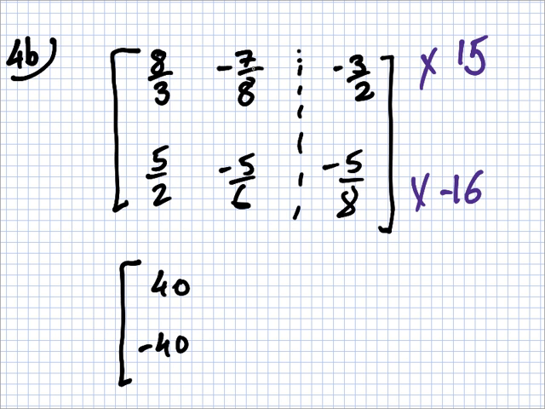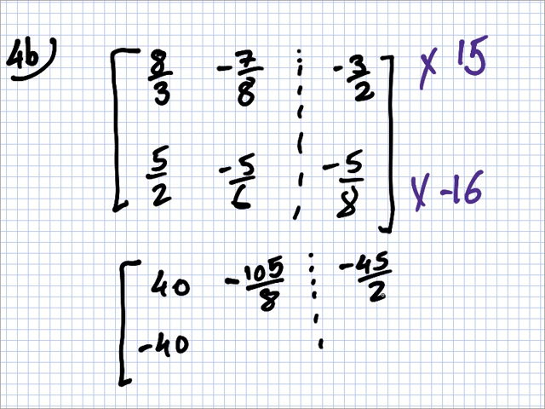7 over 8 times 15 is 105 over 8. I shouldn't be quicker than the calculator. And this one's minus 45 over 2.